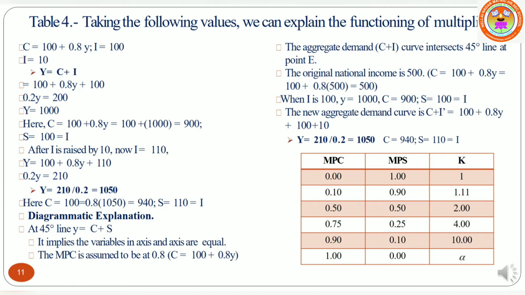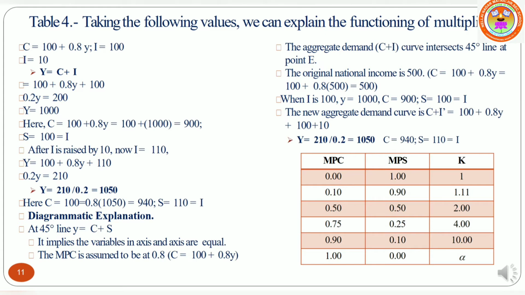After investment is raised by 10 more, the investment is now 110. Y equals 100 plus 0.8y plus 110. If it comes to the left side, it becomes minus 0.8.